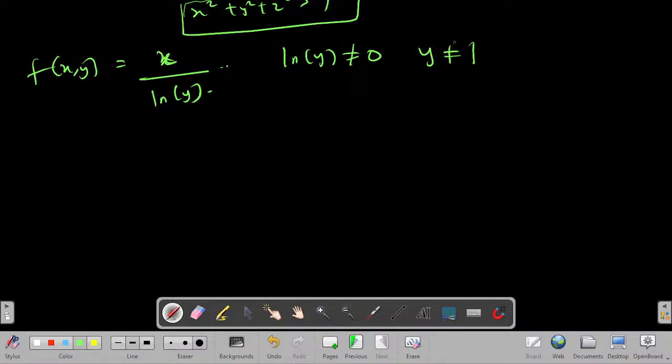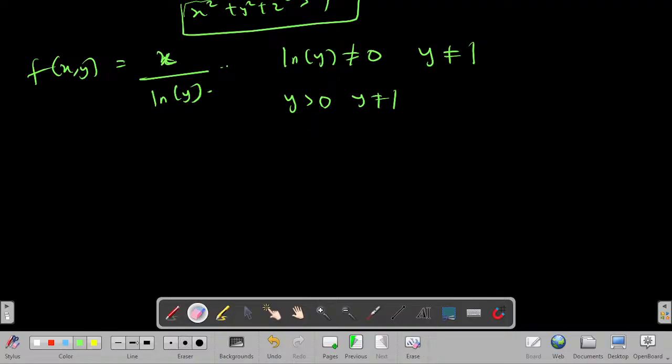These are some things you should be very conscious of when you are dealing with domains. You should know all the possible things that will make it undefined. Therefore, y should be greater than 0, but y shouldn't be equal to 1.